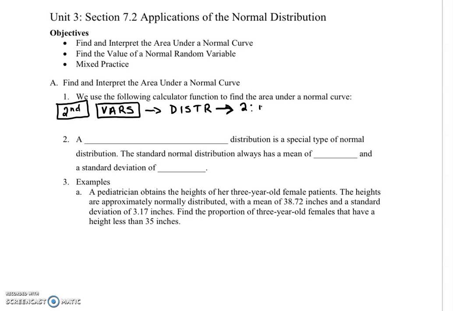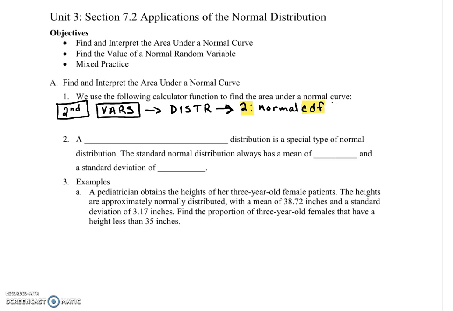Then we're going to pick number 2, which says Normalcdf. Now, it is critical that you pick the second option that says CDF. Option number 1 is a P as in pencil DF. We never, ever use that one.